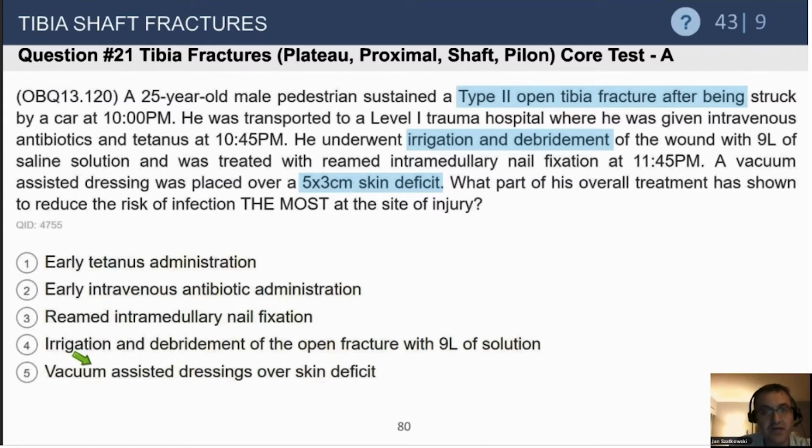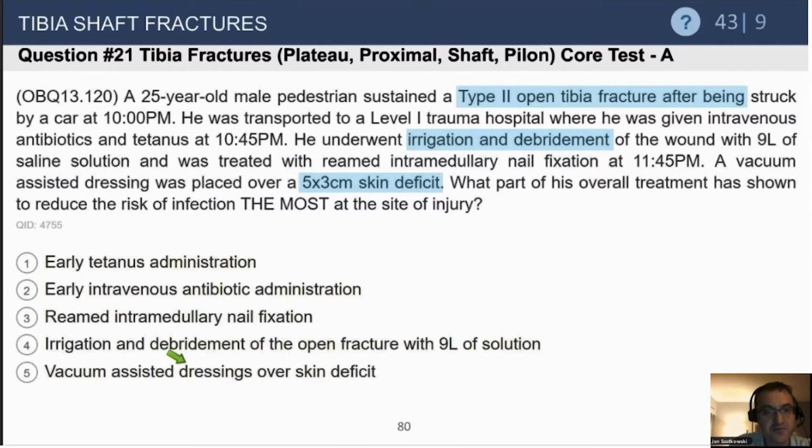What part of his overall treatment has been shown to reduce the risk of infection the most at the site of injury? Remember, they're asking the most. So think about all these things, that we want to get these patients fixed and covered early. In terms of being covered, we just see a skin deficit. They're kind of trying to lead you down the path that there's muscle over bone, and that's why you can just use a vac here.